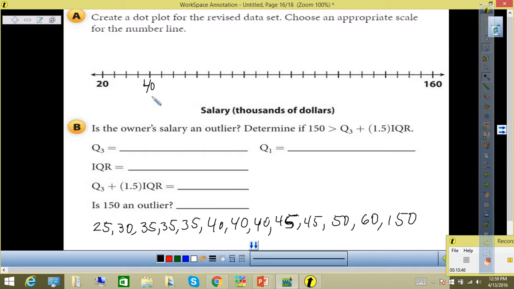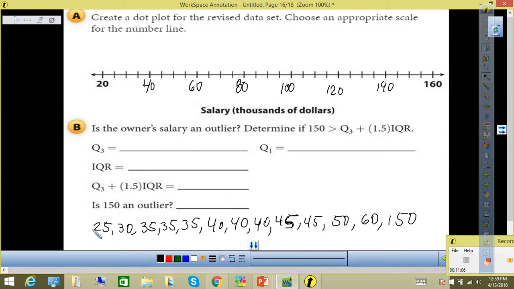Mark it yourself, please. 45, 50, 55, 60, 65, 70, 75, 80, 85, 90, 95, 100, 105, 110, 115, 120, 125, 130, 135, 140. Okay? All right, and I don't want you to press send. We're still working on it. You just lock your screen.